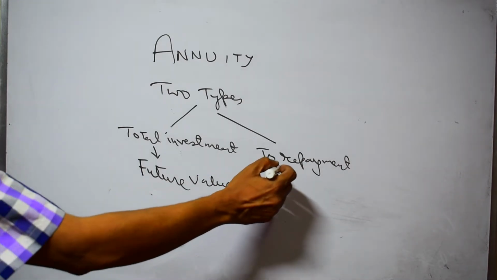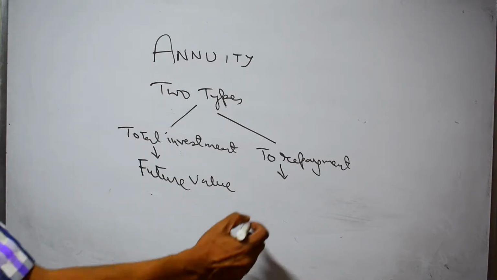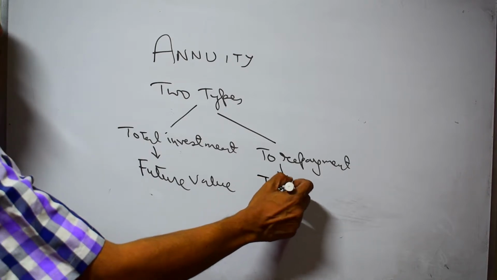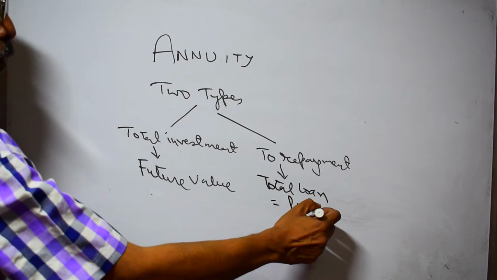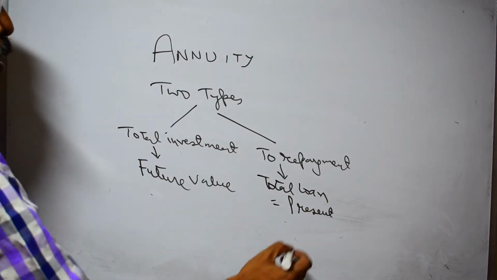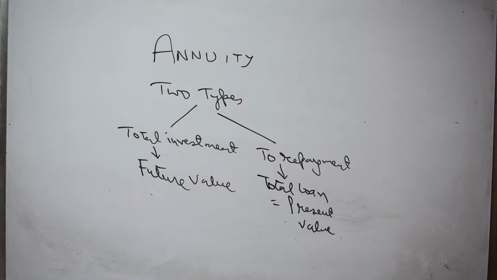And in the case of repayment, we actually repay within, so we will divide the interest to get the total loan, that is called the present value of the loan. So one is future value and the other one is present value.